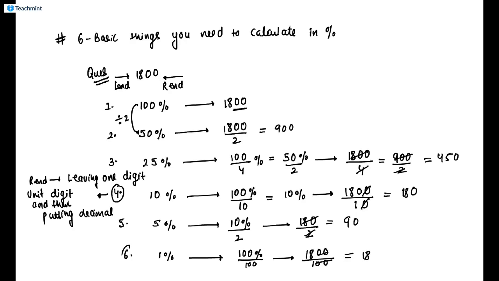So actually what you are doing over here, again, for 1% only, from the right hand end you are leaving 2 digits. What is it? One unit digit, which you get first from the right hand, and after that the tens digit, and then putting the decimal.